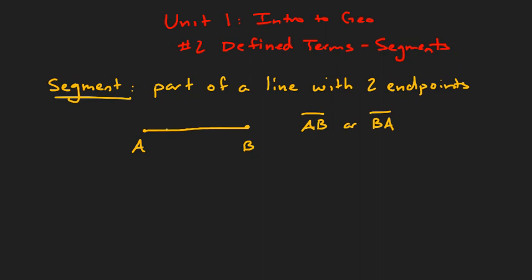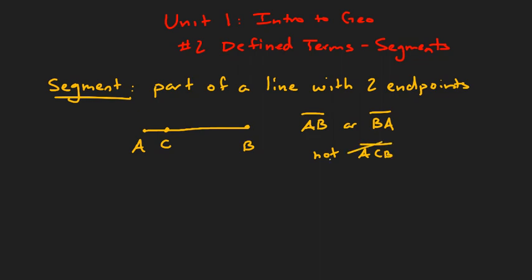Now, if I put a point somewhere on this segment and call it C, well, now I've kind of split this segment AB into two smaller segments, AC and CB. But we are not going to name this segment ACB.